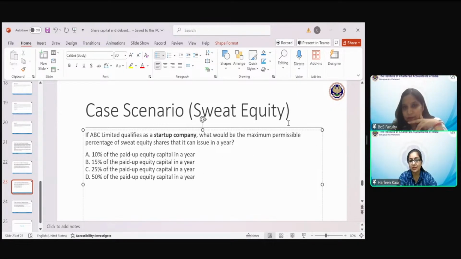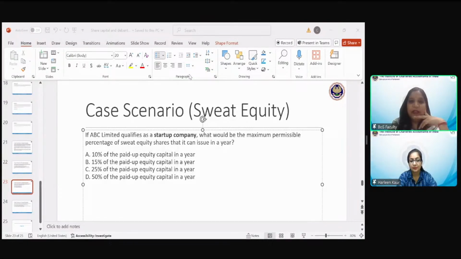Students, you can raise your hands so that ma'am can speak to you. Mujahid, can you please let me know why you are saying option A? Okay. So if you don't want to answer, then those who are saying option D, raise your hand, who wants to answer why option D.